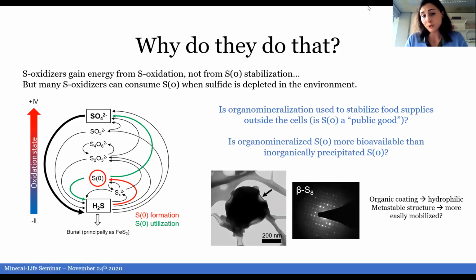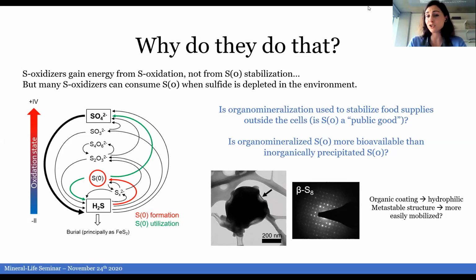Moreover, if this is true, and if elemental sulfur serves this function of food stores, maybe the special properties of this sulfur also have a function. For example, they may make elemental sulfur particularly bioavailable for the cells. As I said before, elemental sulfur is hydrophobic, so it may be difficult for the microbes to access it and solubilize it.